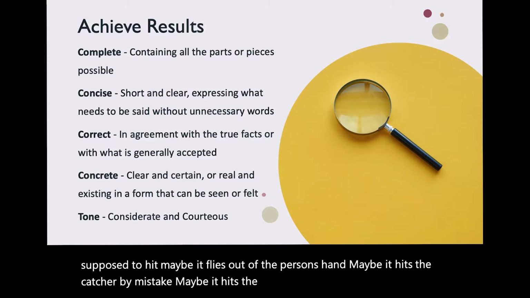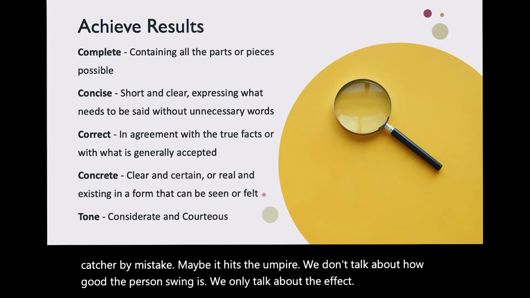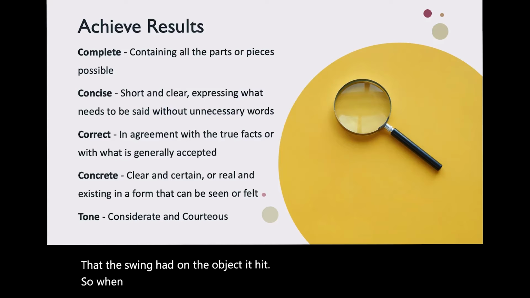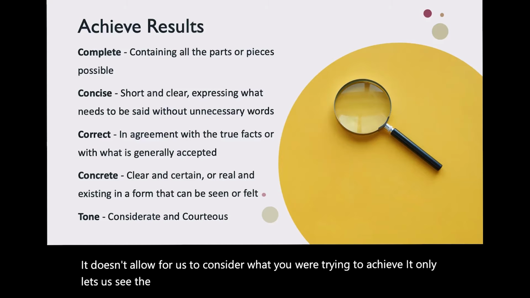We don't talk about how good the person's swing is. We only talk about the effect that the swing had on the object it hit. So when your tone is off, it doesn't allow for us to consider what you were trying to achieve. It only lets us see the effect it had on the writing and the work that you were doing.